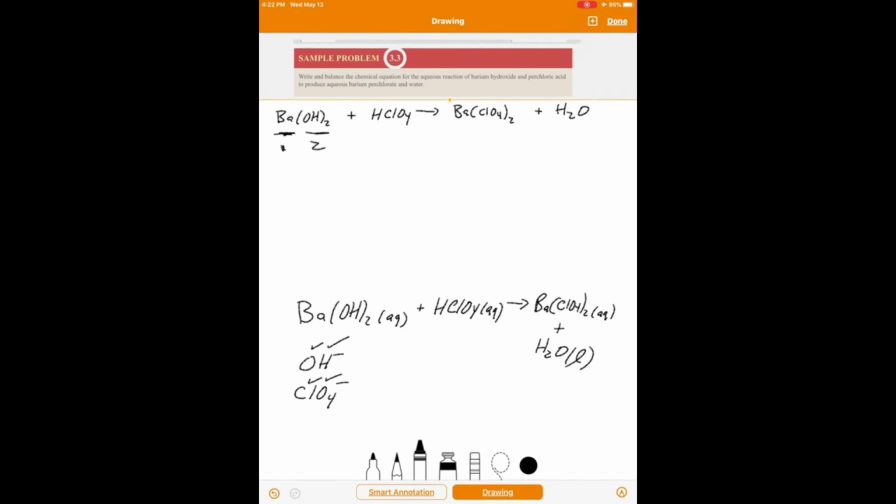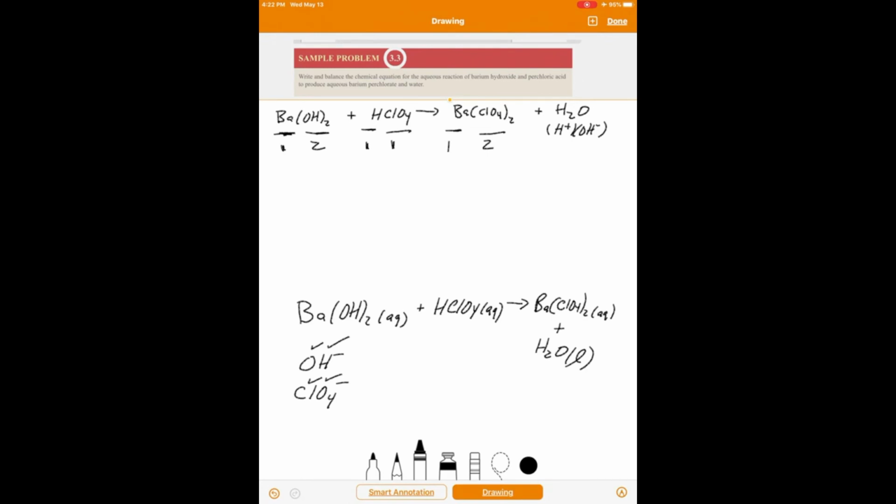You can think of the perchloric acid as having one hydrogen and one perchlorate. Barium 1, perchlorate 2. And then it's not a bad idea to think of water as H+ OH-. Sometimes people will think of it that way. So that makes it a little easier to balance.